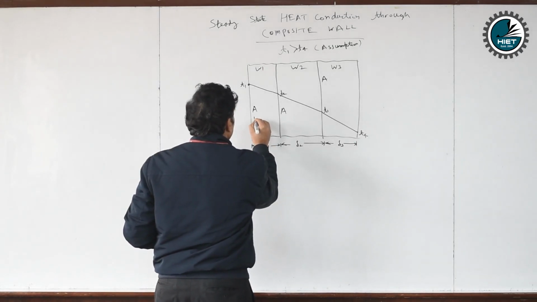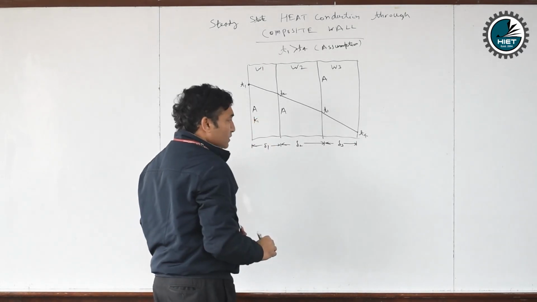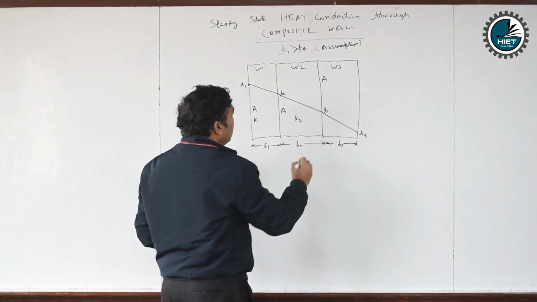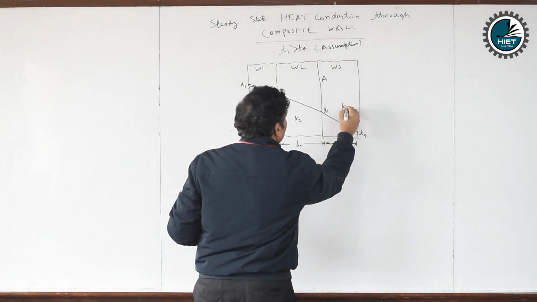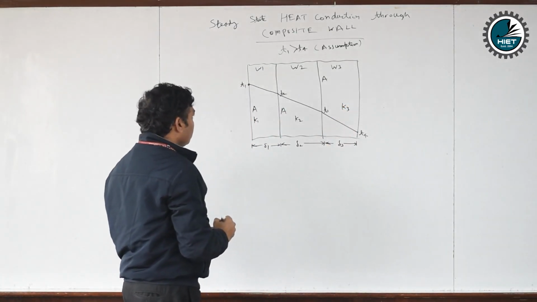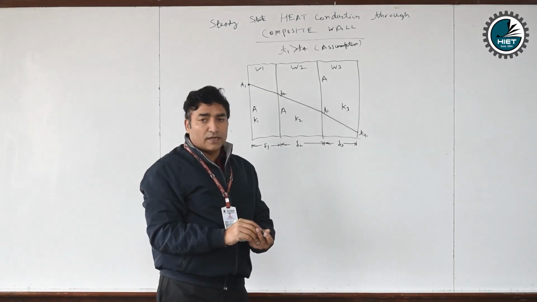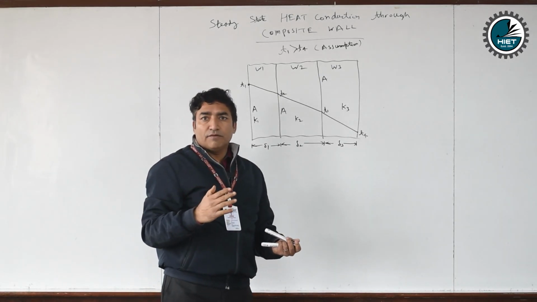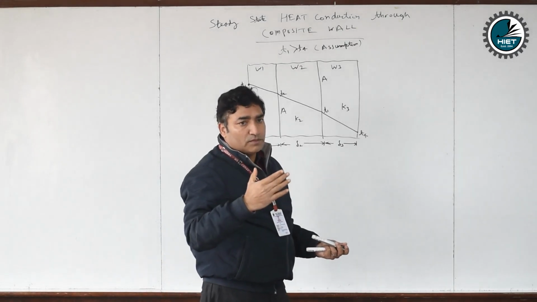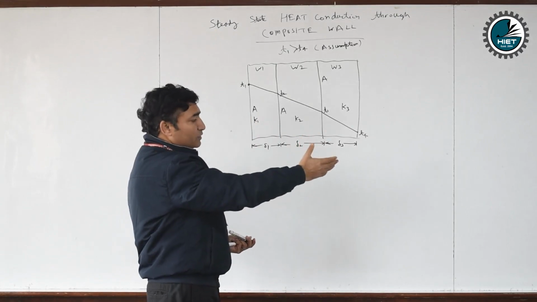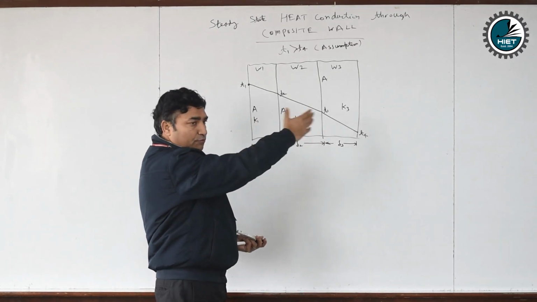Suppose the thermal conductivity of wall 1 is K1, wall 2 is K2, and the thermal conductivity of wall 3 is K3. As we studied earlier, heat transfer is always in the direction of decreasing temperature. So here T1 is more and T4 is less, so heat transfer is from left to right.